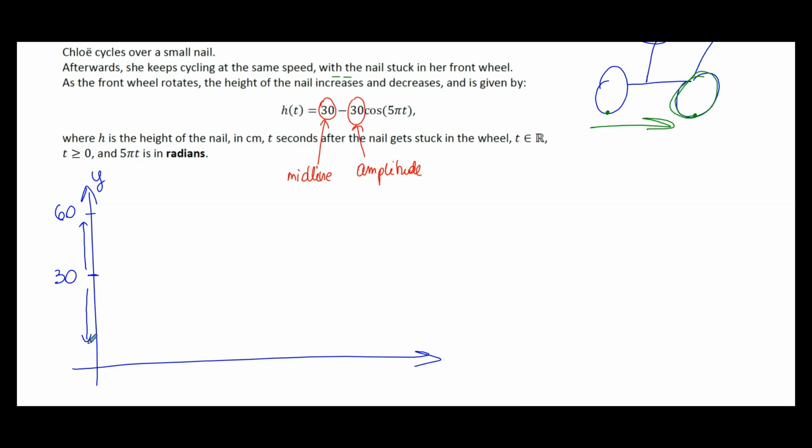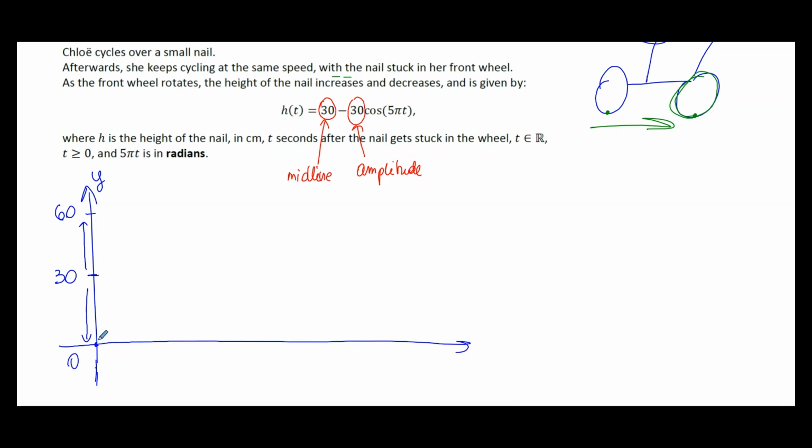But if it goes down by 30, actually we need to rearrange our graph here a little bit because it will reach 0, isn't it? So it will reach 0 here. So our graph is going to be going around, touching the x-axis. Okay, so that's the first thing. So we have those 3 points. We know that's how the graph will go.